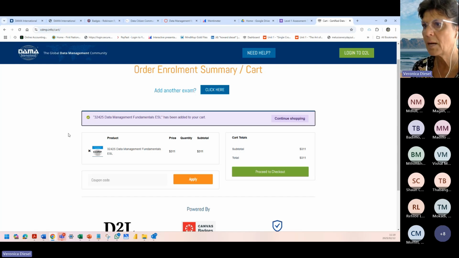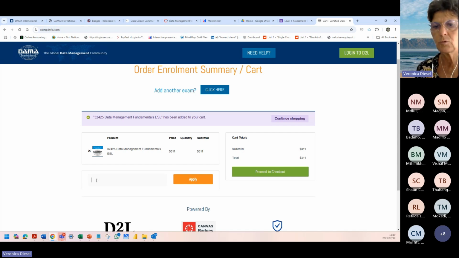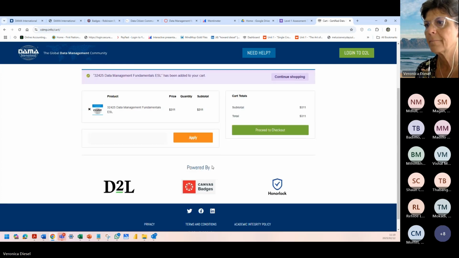So it's added it to my cart, and this here is where you need to drop your coupon code. So are you all at this point where you can drop your coupon code and click apply? And what will happen then is you will find that your cart goes to 0.